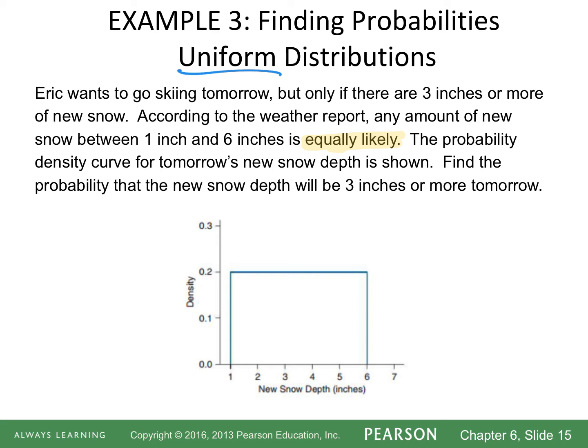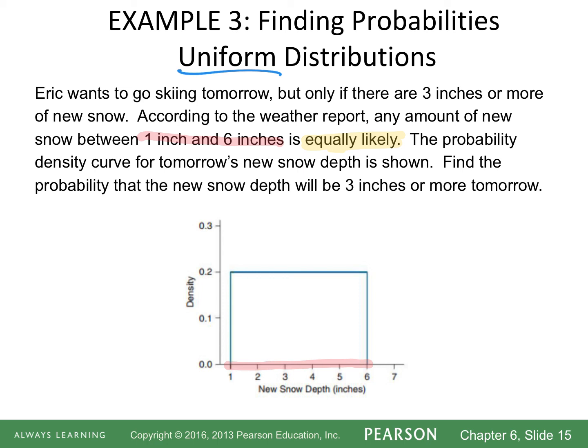The question says that according to the weather report, any amount of new snow between 1 inch and 6 inches is equally likely. So looking at your graph, you notice that your x-axis goes from 1 inch to 6 inches. It's asking, find the probability that the new snow depth will be 3 inches or more.